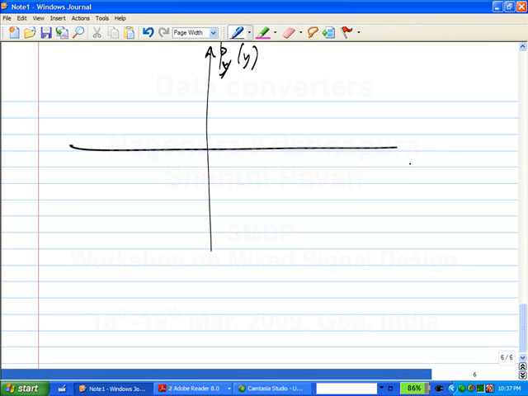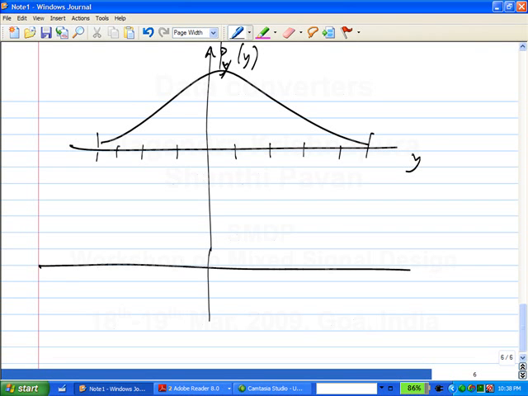I don't care what it is. Actually, let's say it's some stuff like this. Between the negative maximum and the positive maximum, it is distributed like this. And my quantization levels are here. And I want to find the distribution of the quantization error. How will I do that?